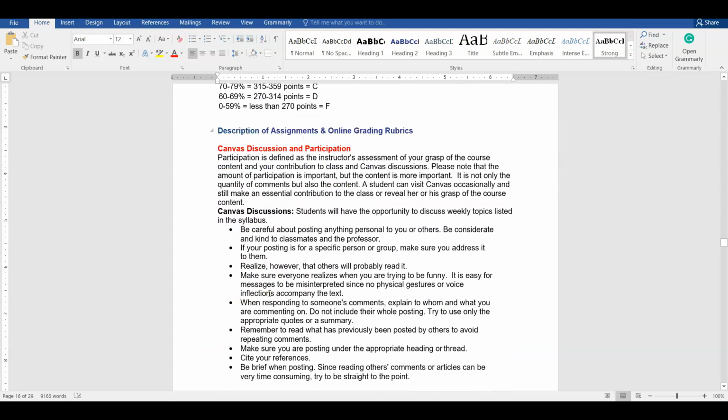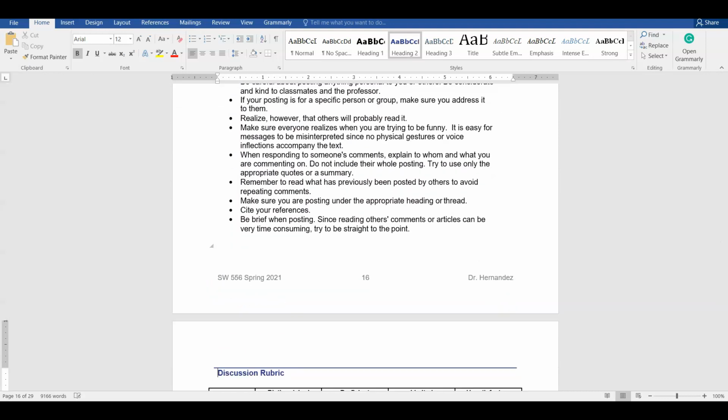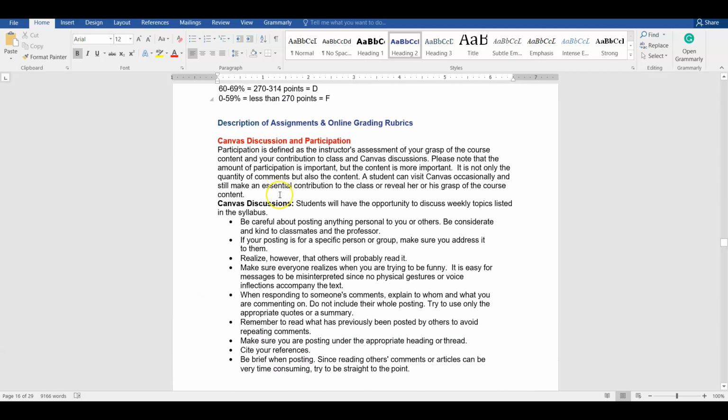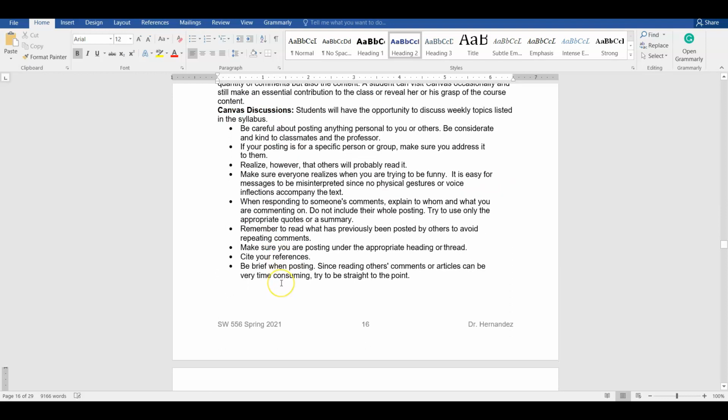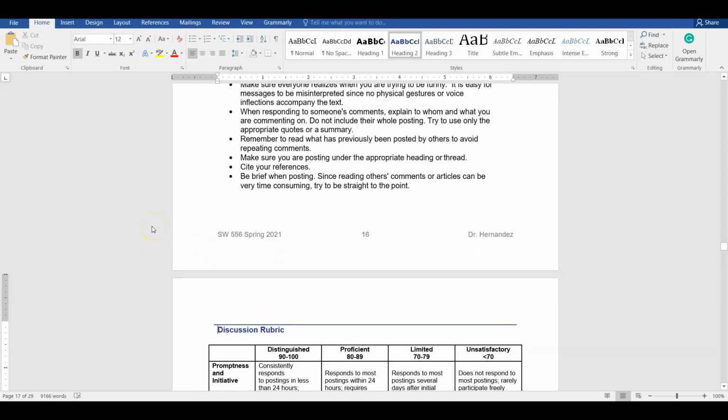This is about the discussion and participation. Remember, I just don't want two or three sentences. Also, even when you discuss with your fellow students, I just don't want, "Oh, good job.